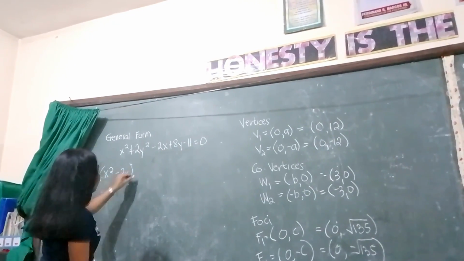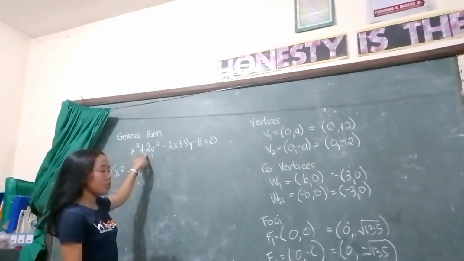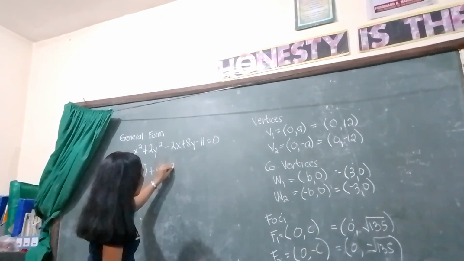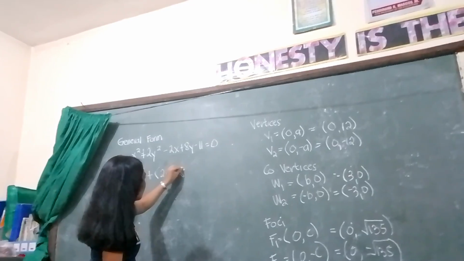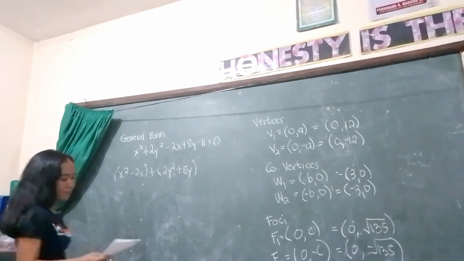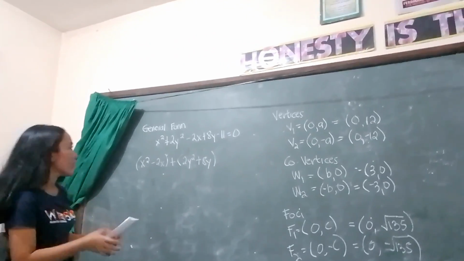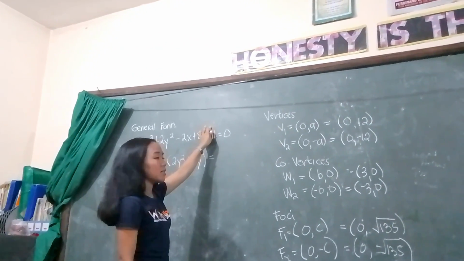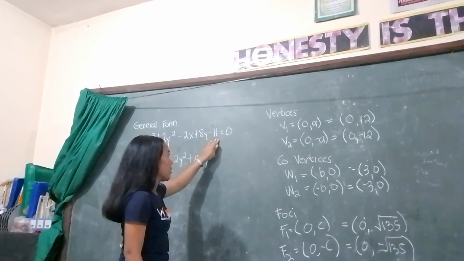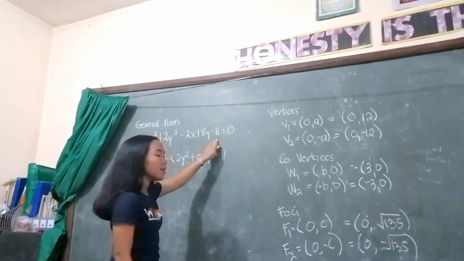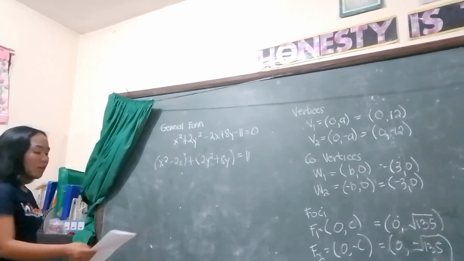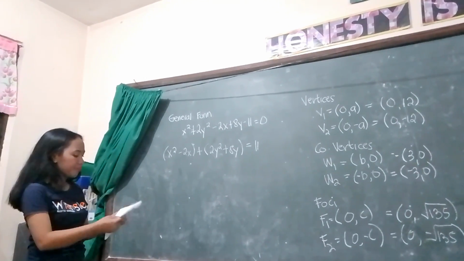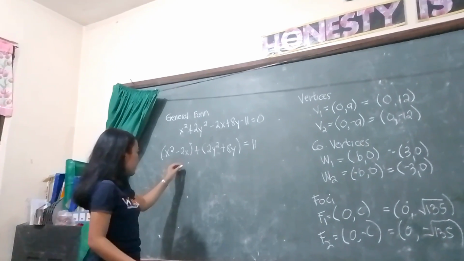plus, we have also here another group which is 2y squared plus 8y is equal to, we need to transpose this one since later we will need to equate it into 1. So from negative 11 we have positive 11. And then, so this is the square of binomial.